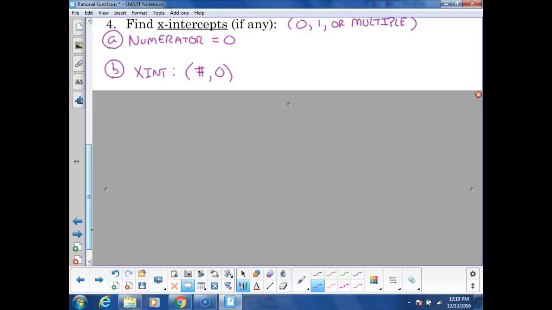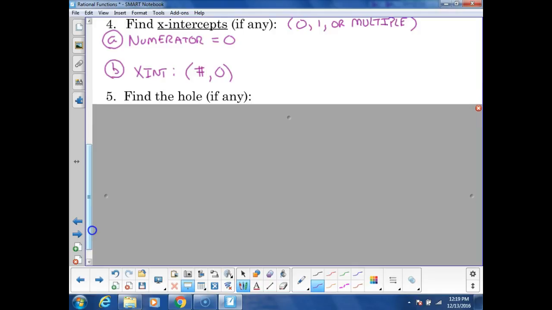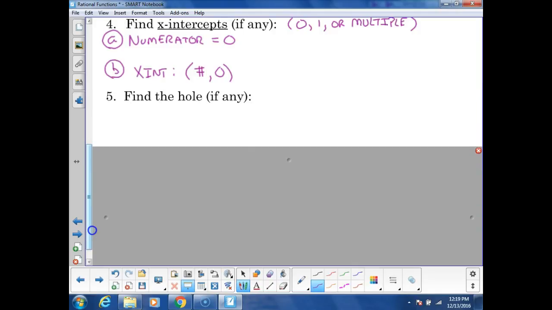Then what do we do? Find the holes next. Okay? So this was from step 0, correct? So if there was a common factor in step 0, what do I do then?